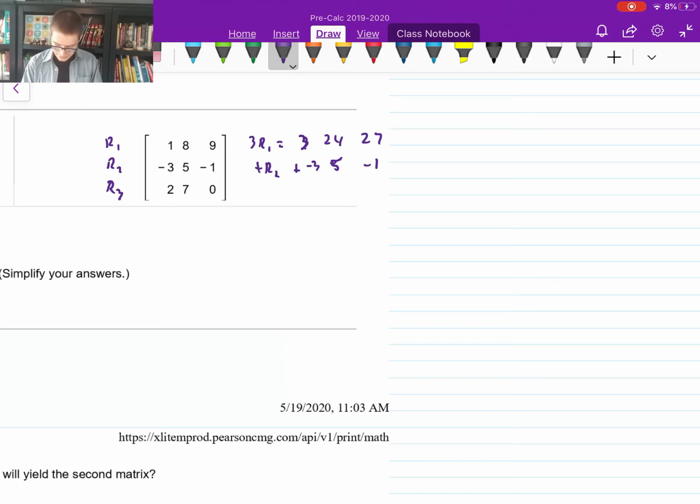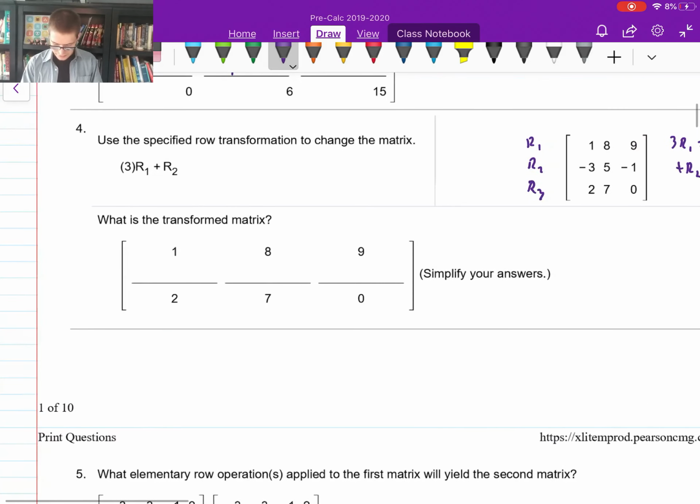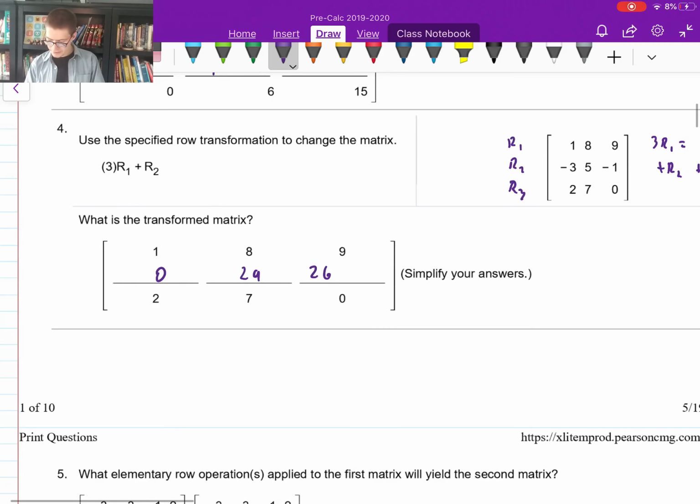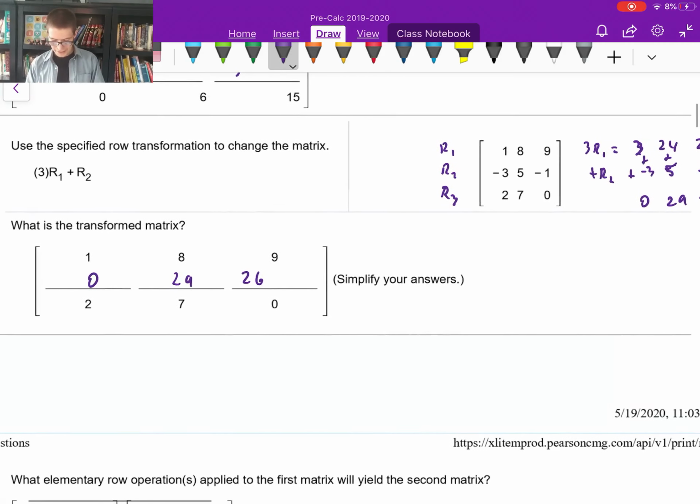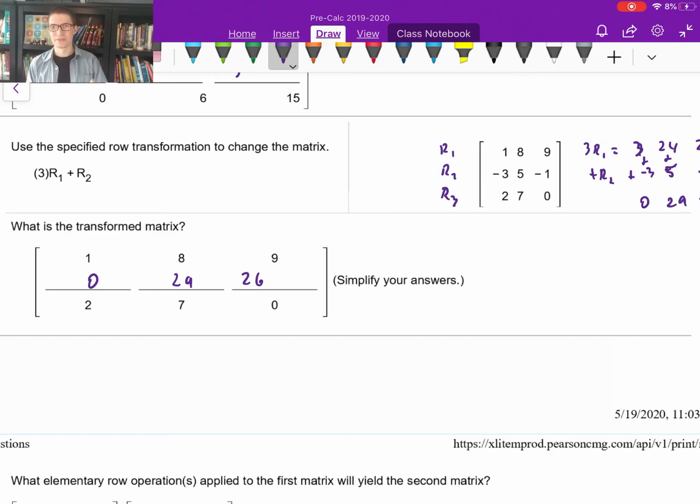So that gives us 0. We're doing pluses all the way through. And so that gives us 0, and then 29, and then 26. We add that to row 2, and now that becomes row 2. So 0, 29, 26, that's our answer.